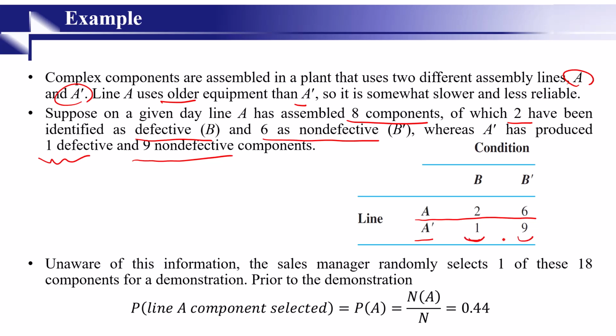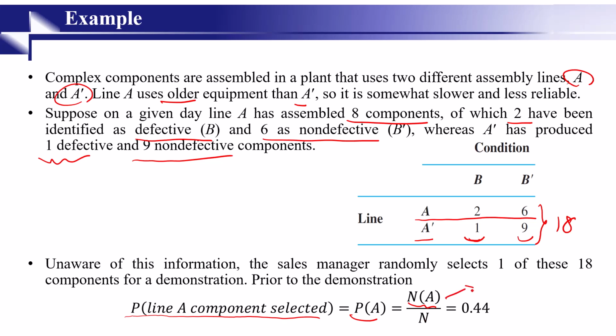A sales manager picks up one of these 18 components. So we have a total of 18 products. The sales manager picks one component randomly for demonstration. Then the probability that a line A component has been selected is the probability of A equal to NA divided by N. What is NA? 8.